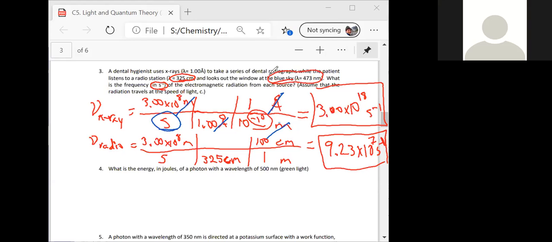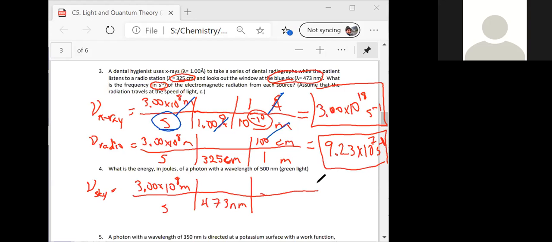All right, so I set it up with f, the frequency, equal to the speed of light over lambda. So I converted 473 nanometers to meters, and then I divided the speed of light by that.